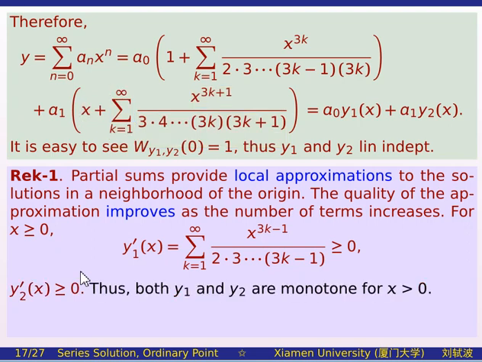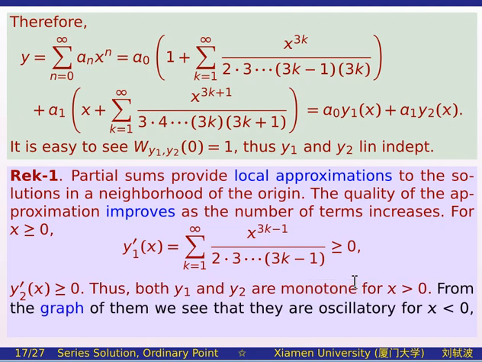So for x positive, these two fundamental solutions are strictly increasing. And for the case when x is negative, the powers of x have different signs. So the derivative is no longer sign fixing. The sign will change. Therefore, the solution is oscillatory.